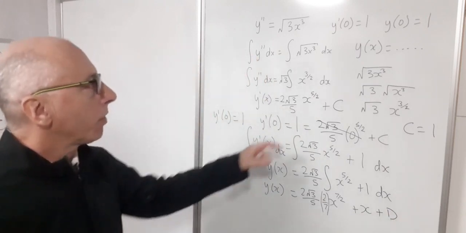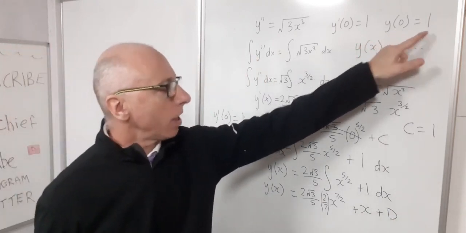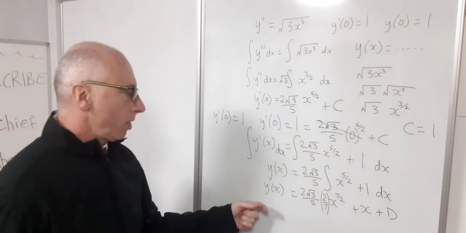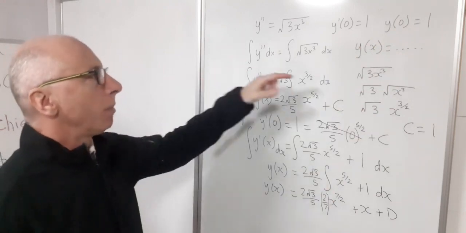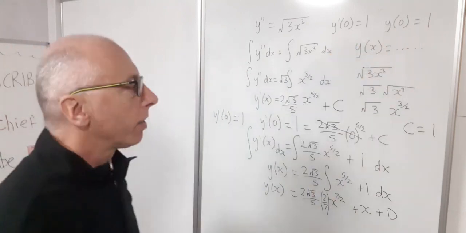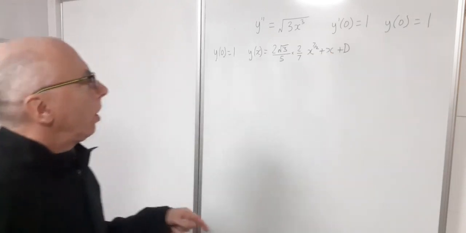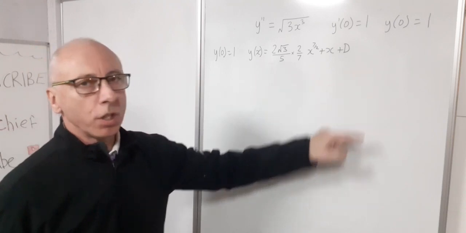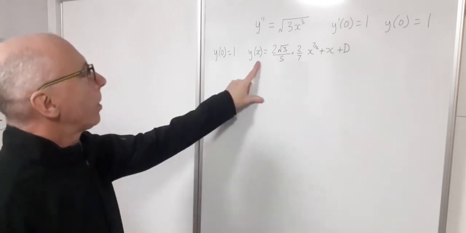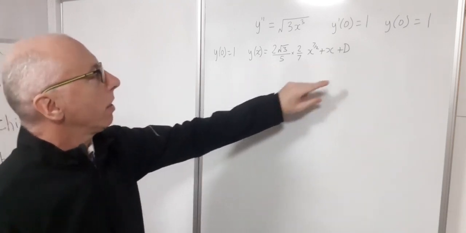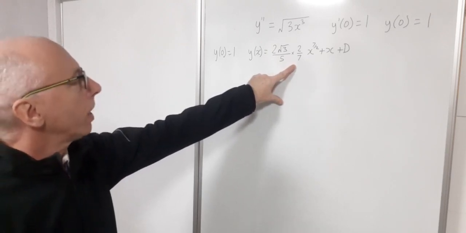Now we've got this boundary condition here, y of 0 equals 1. So I'm going to use this condition and try and put together our final answer. Here's our solution to the integration. So y of x is this, and we can tidy up this constant here.